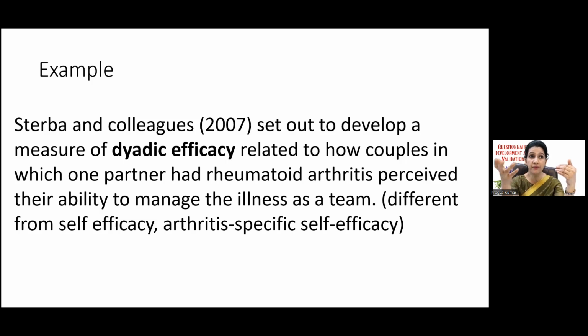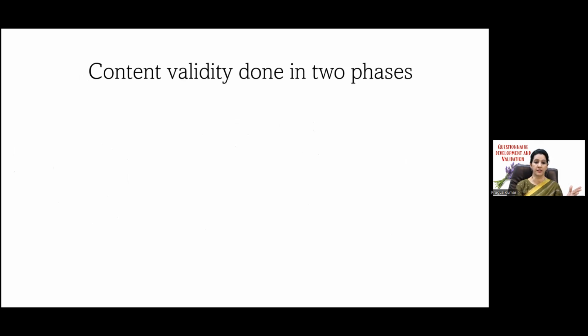This was different from self-efficacy, because there is something known as self-efficacy, and there is something already existing as arthritis-specific self-efficacy. So if I want to measure this dyadic efficacy, then I have to define this construct very well. And now the items related to this, I need to evaluate whether they are measuring the dyadic efficacy or the self-efficacy or arthritis-specific self-efficacy.